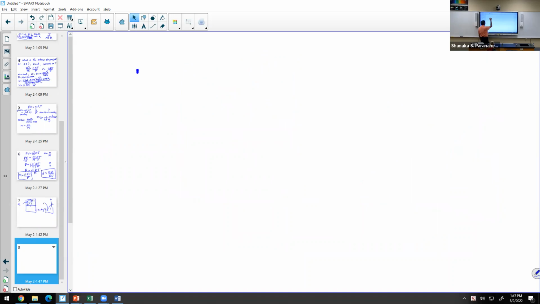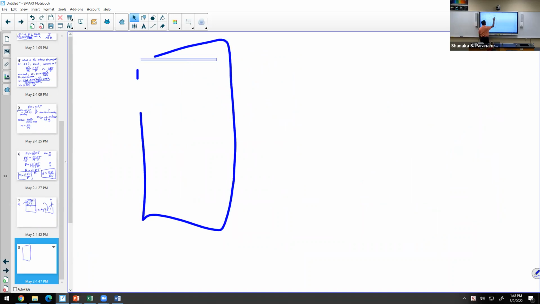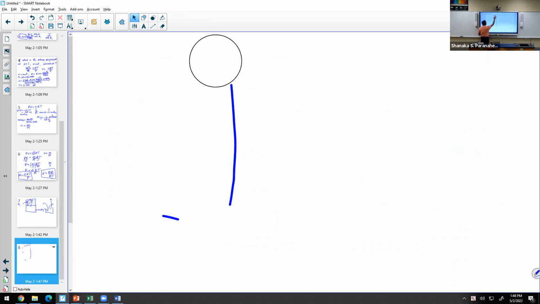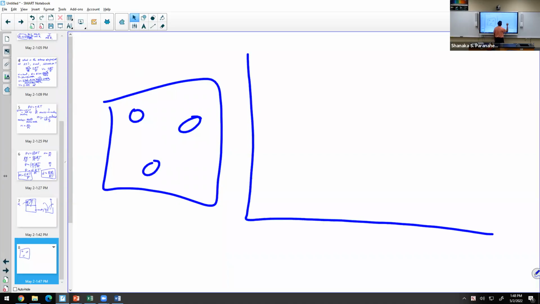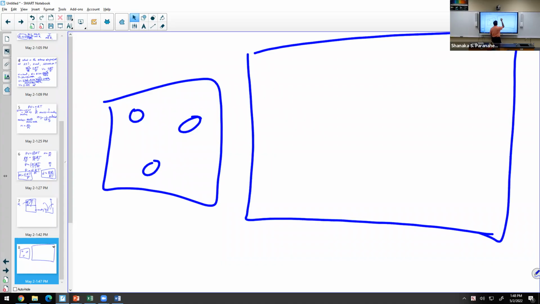Let's say we have a gas in a container like this, 3 particles, and the same amount of gas in a container like this. So it's the same gas in 2 different containers. Now the particles are close to each other in this container, but not close in this setup. What did I change?